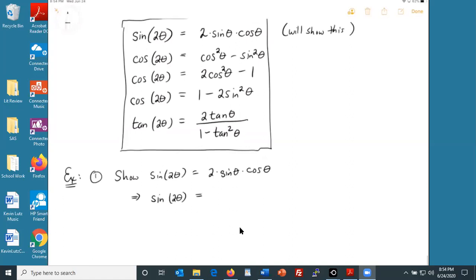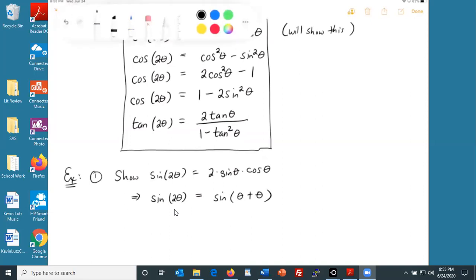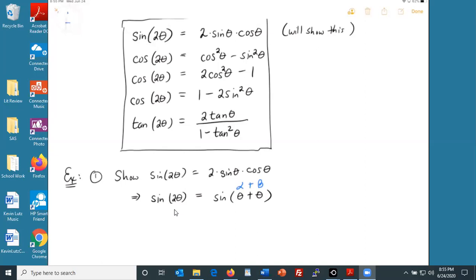What we can do with that is rewrite it as the sine of theta plus theta, because 1 theta plus 1 theta is 2 theta. Now we can use the alpha and beta formula, the sine of alpha plus beta, where alpha is theta and beta is also theta.